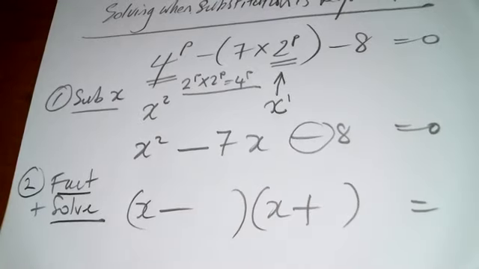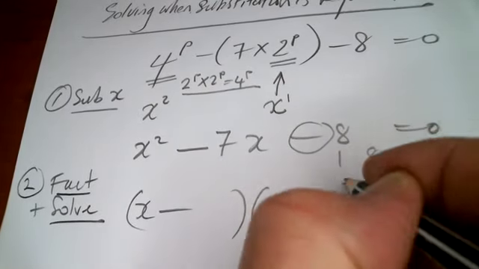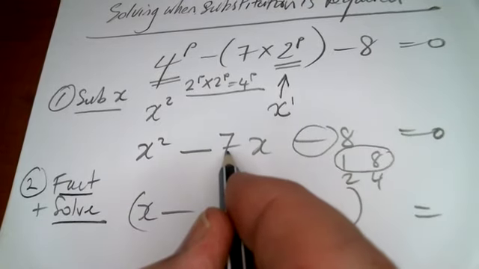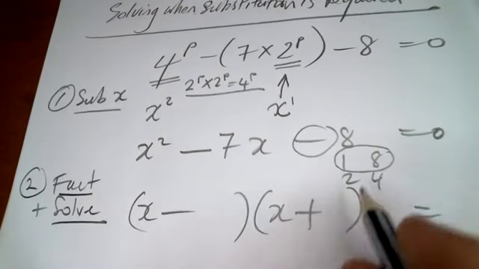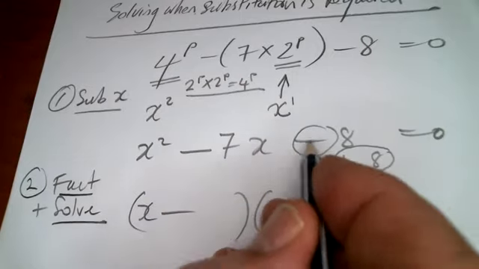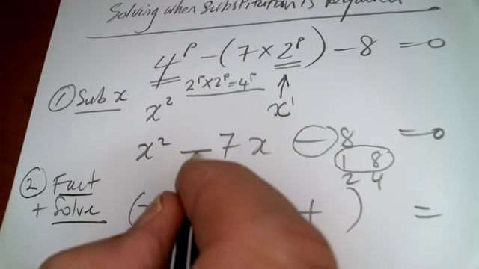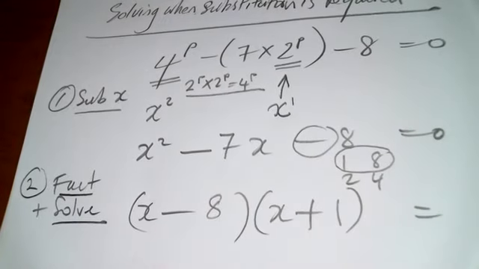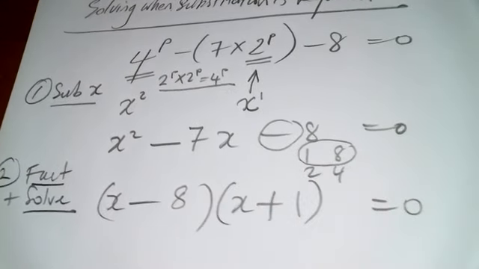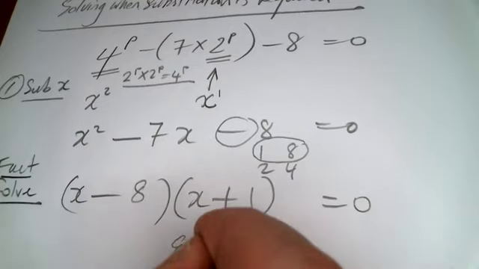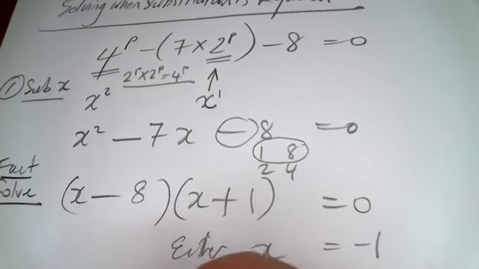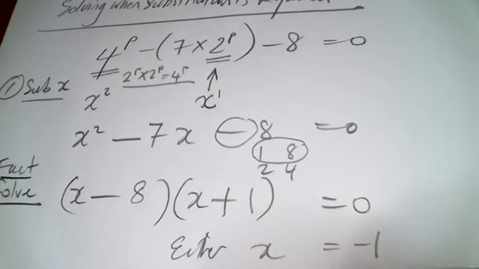Factors of 8 are 1 and 8, 2 and 4, but only 1 and 8 can subtract or add together to give 7. So 1 and 8 must be the result. The biggest one is 8, negative goes there, 1 goes there. So if this is going to equal 0, then either x is equal to -1 or x is going to be equal to 8.